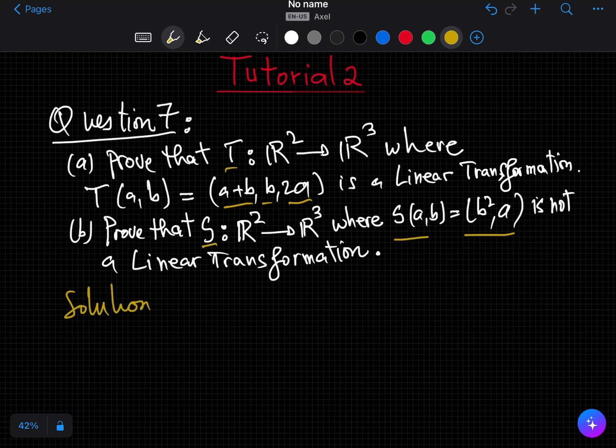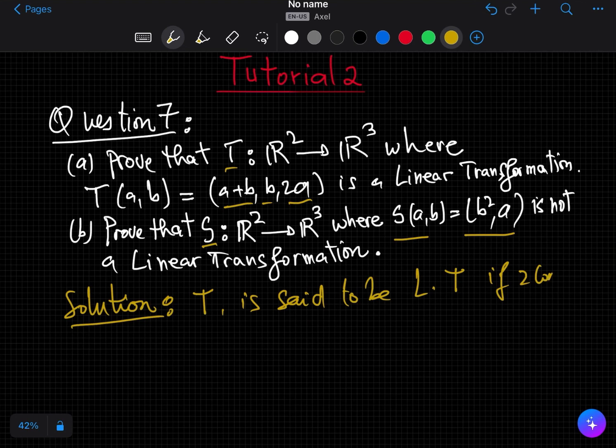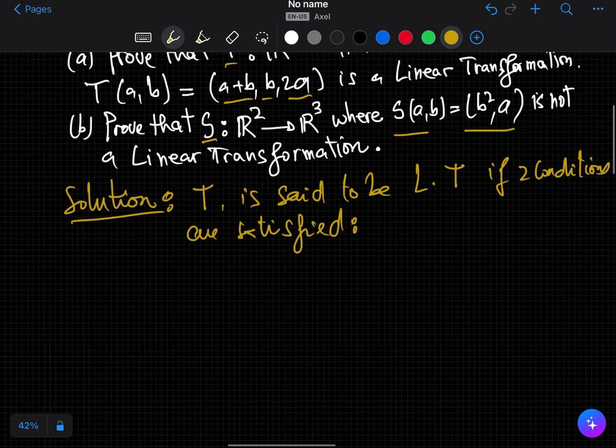As a solution, let me give you a quick reminder that a transformation T is said to be a linear transformation if two conditions are satisfied. Let's consider two vectors u and v.